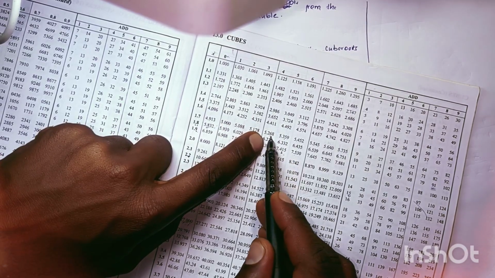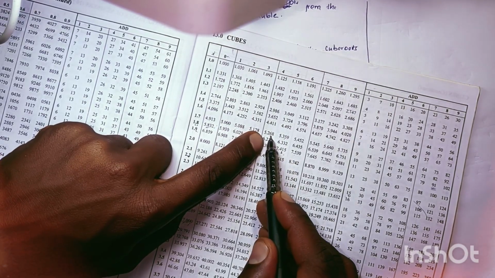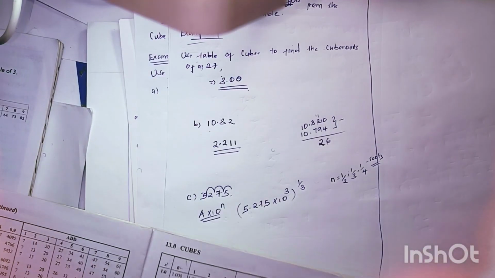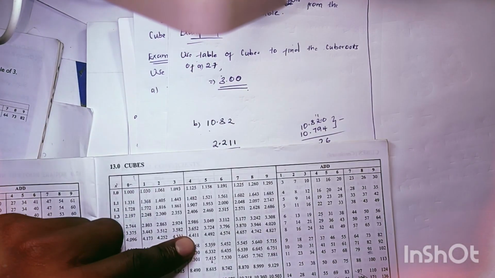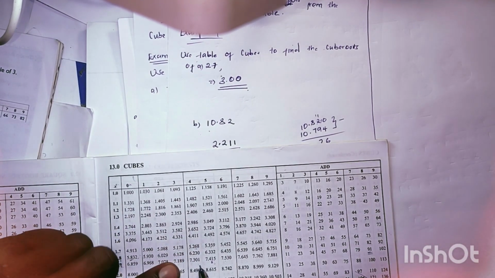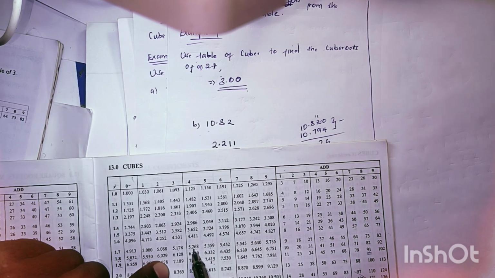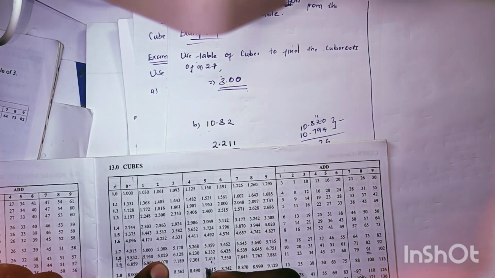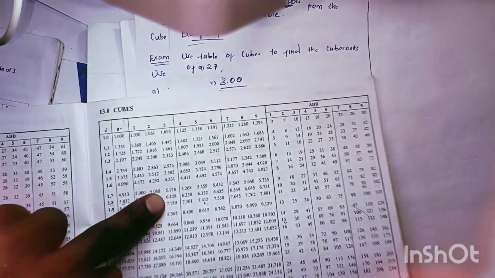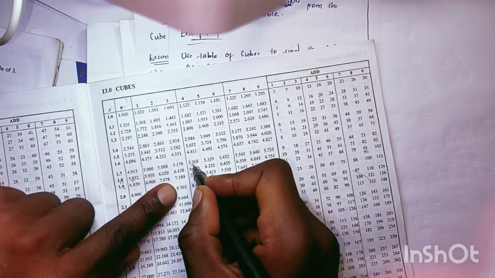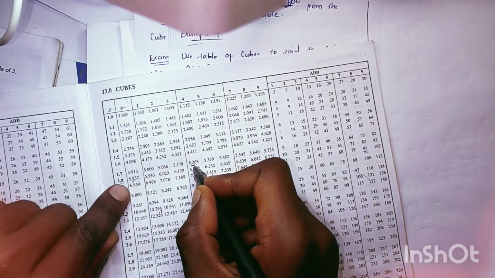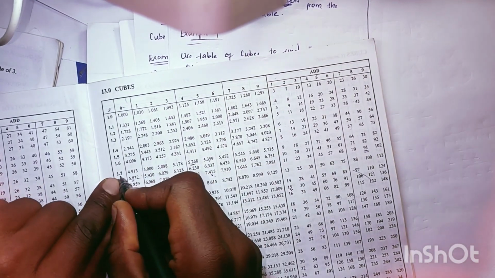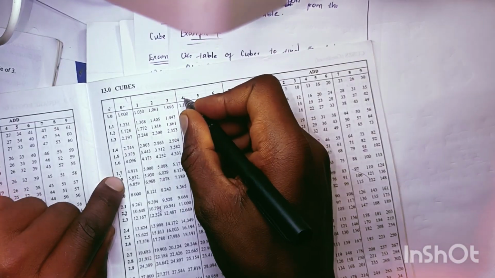I'll pick a value that is next to 5.275, but not exceeding. So I'll pick this one, 5.268. Where is it? It is here. 5.268 is in this row of 1.7 and coinciding with 4.